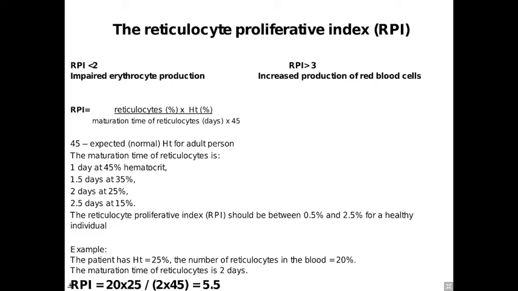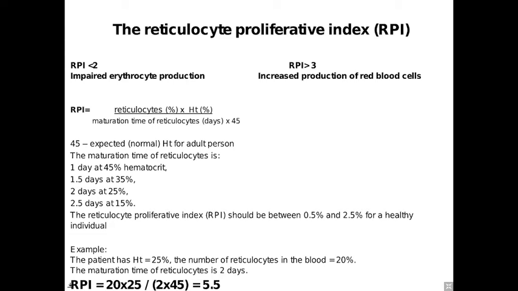So, for example, the patient has hematocrit 25%, the number of the reticulocytes 20%, and maturation time with this level of the hematocrit is equal to 2 days. RPI, considering this formula, will be equal to 5.5.